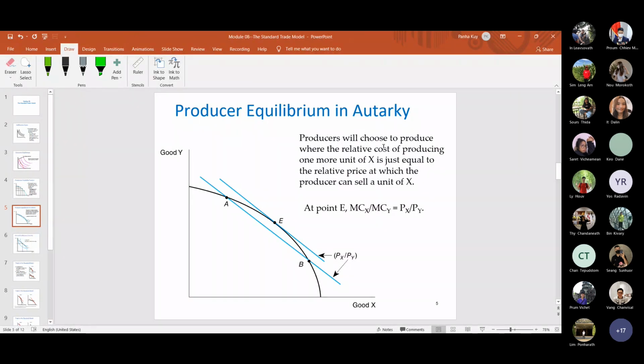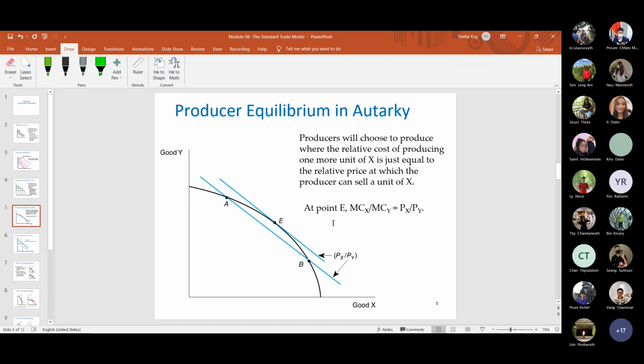So at point E, the marginal cost of good X over the marginal cost of good Y is equal to the price of good X over the price of good Y.